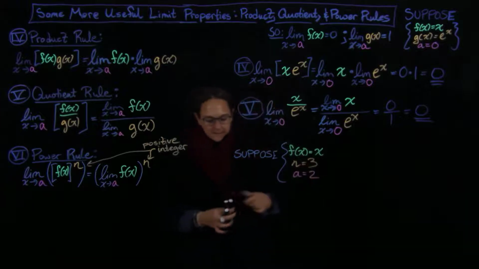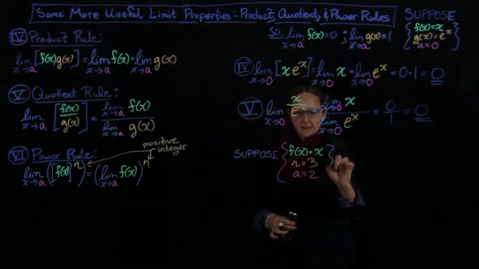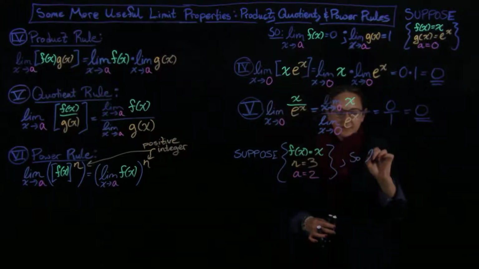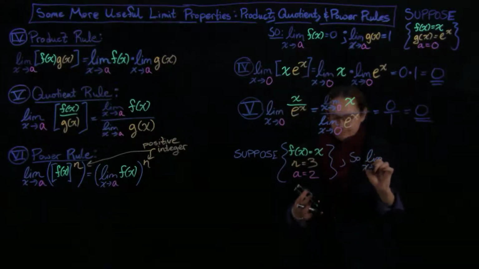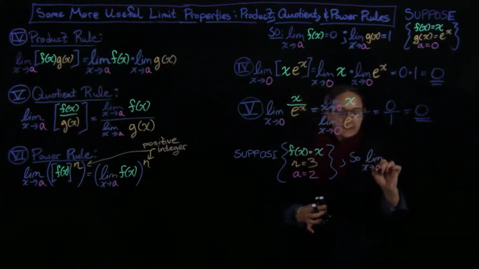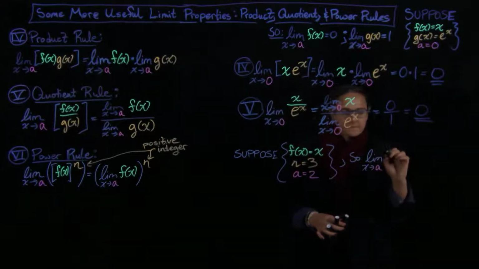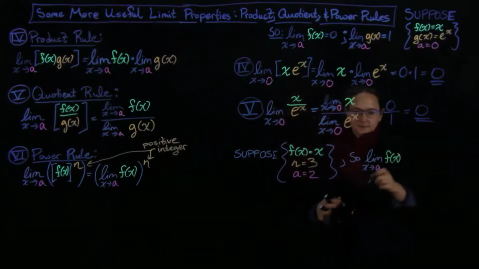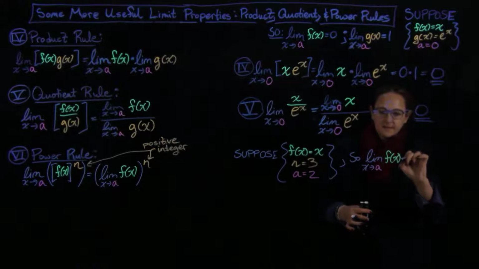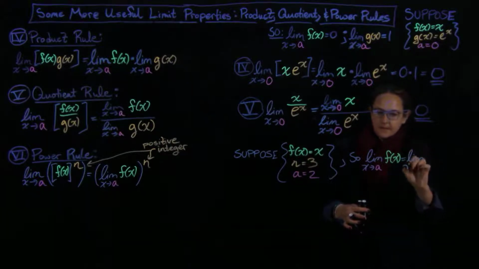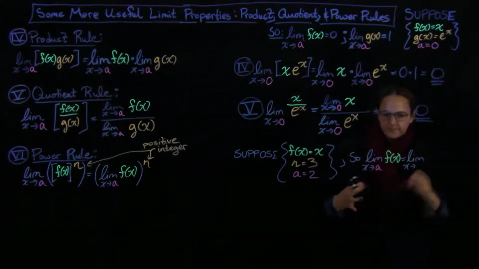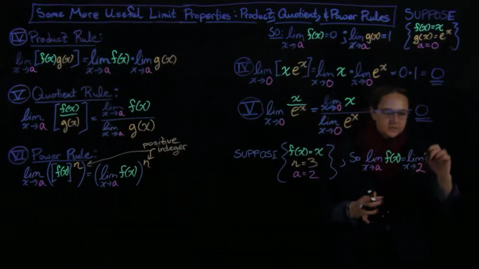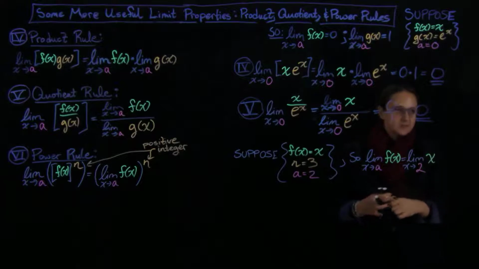Then the limit as x approaches a of f of x is the limit as x approaches 2 of x, which is just going to equal 2. In this circumstance, I'm just able to plug it in.